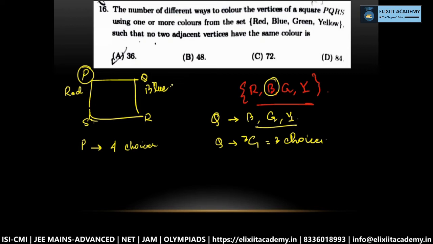Either R can be red, or R cannot be red. So there are 2 possible cases, and accordingly we have to solve this.